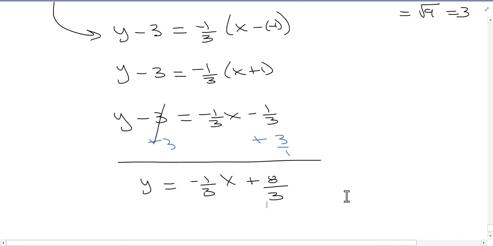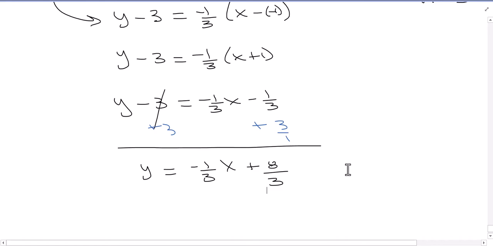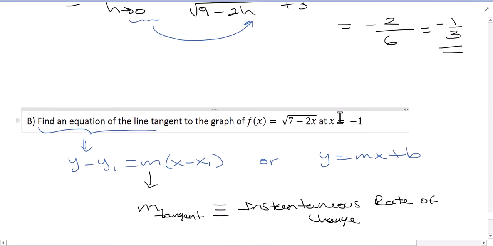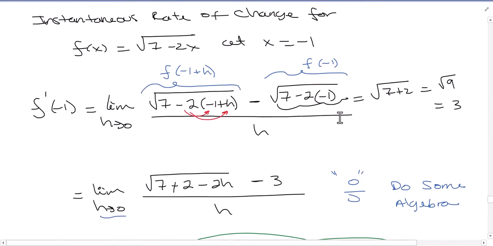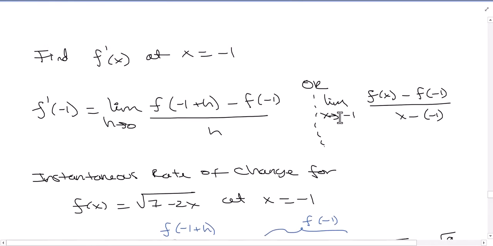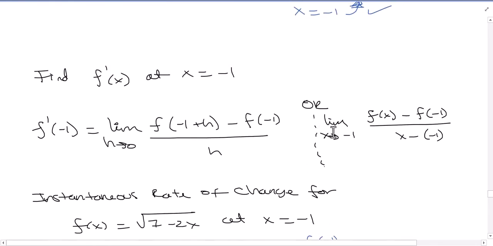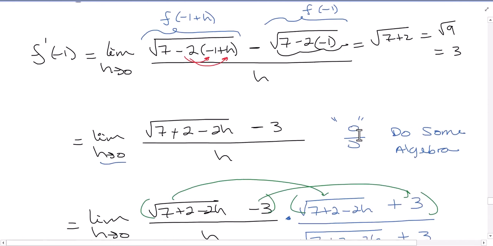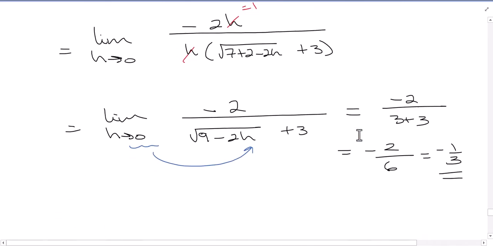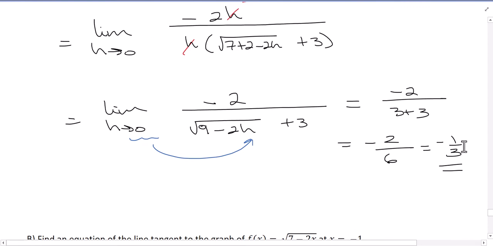So that's what it means to be tangent. You touch the graph at only one point. And if you use the other definition, a good practice will be to use the alternate definition, f of x minus f of negative 1 over x plus 1, and then you should get the same slope. So when you simplify it, you should end up with negative 1/3 as the answer for the slope.